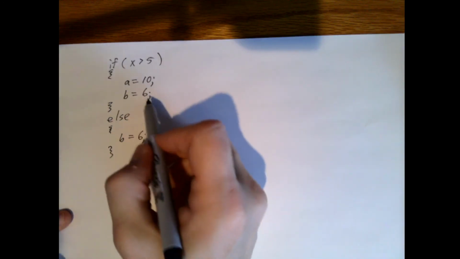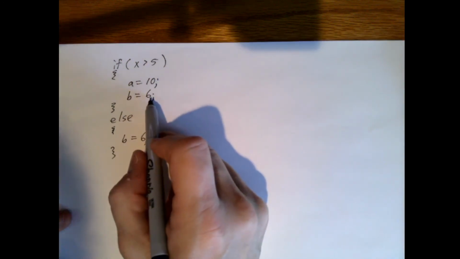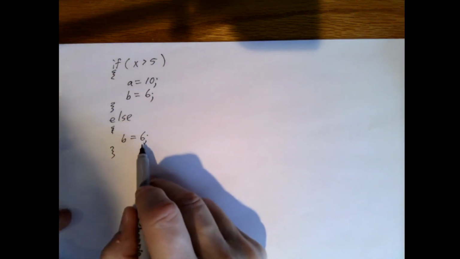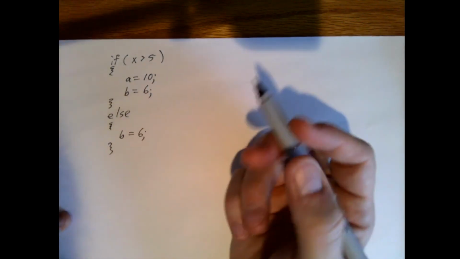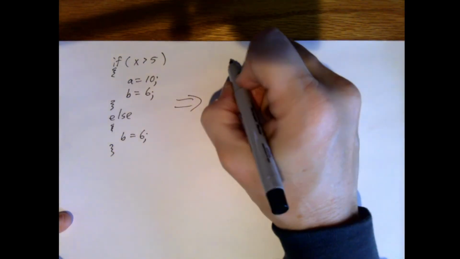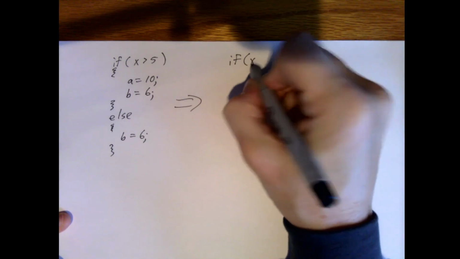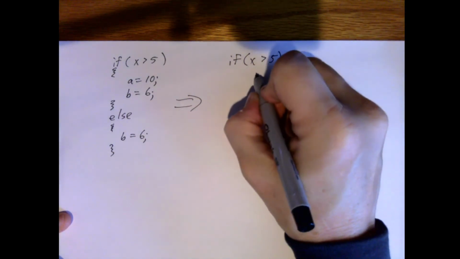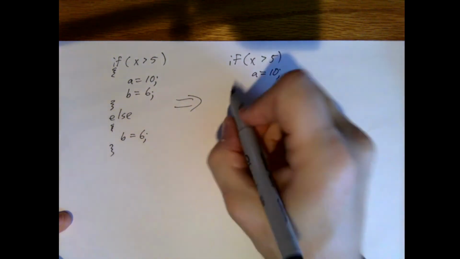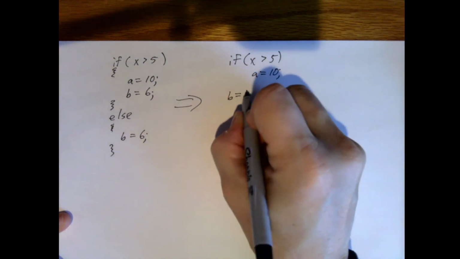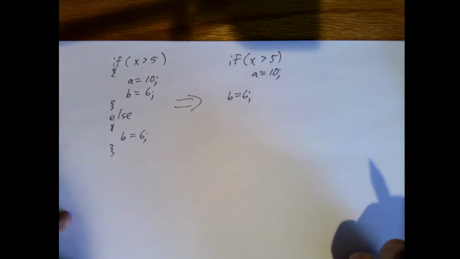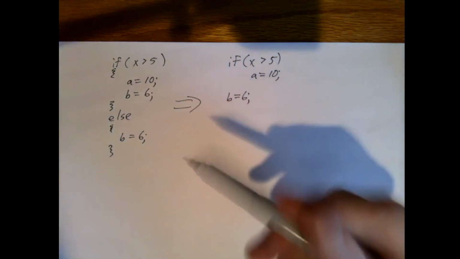I have seen things like this. So what's the point of this? Well, if this is true, I'm going to say B is equal to 6. And if this is false, I'm going to say B is equal to 6. So why is this even in here? I mean, this really should just be if x is greater than 5, A is equal to 10. And then once you've left the if statement, then you always just say B is equal to 6. Okay? So these things can show up.